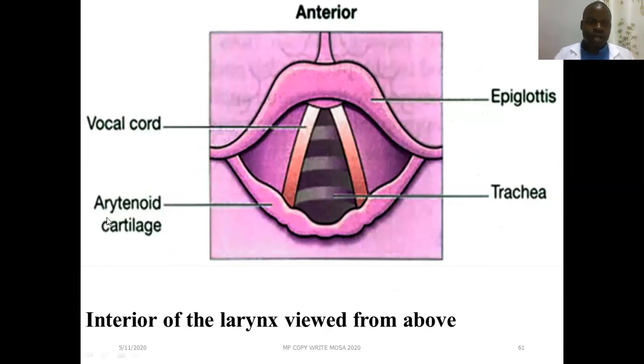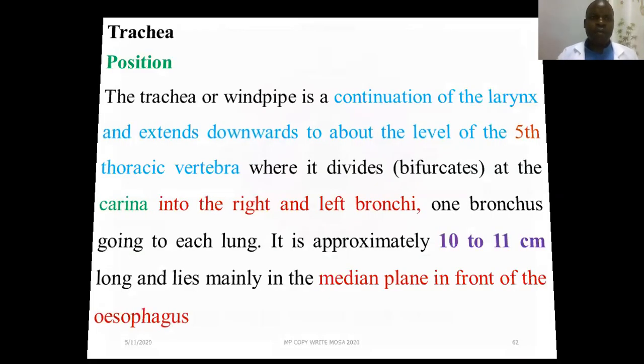Then the arytenoid cartilage giving muscle attachments. Then we also have the trachea, and you can see rings of cartilages being shown there, and this is the epiglottis. So this is the interior of the larynx viewed from above.